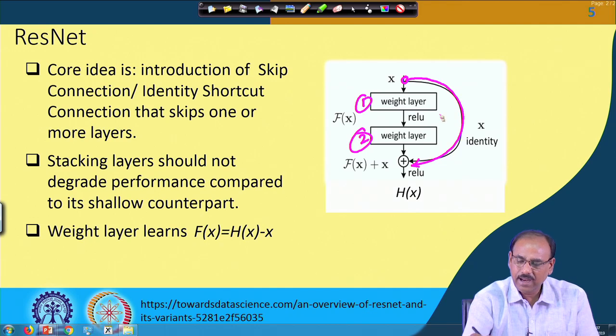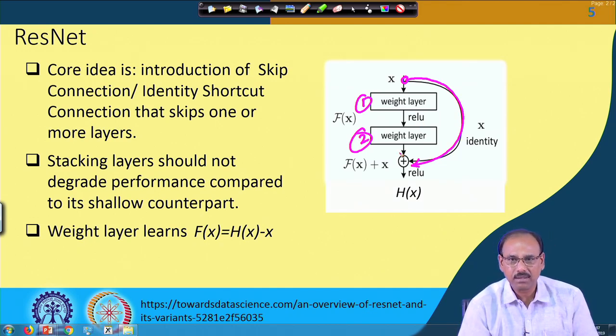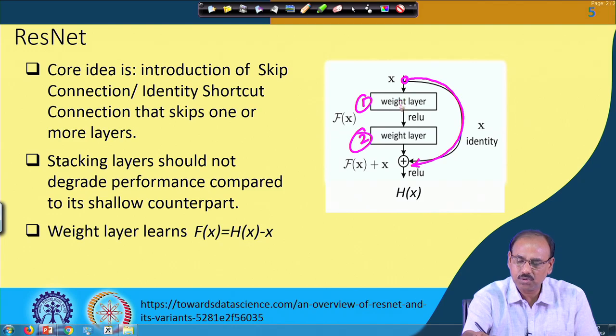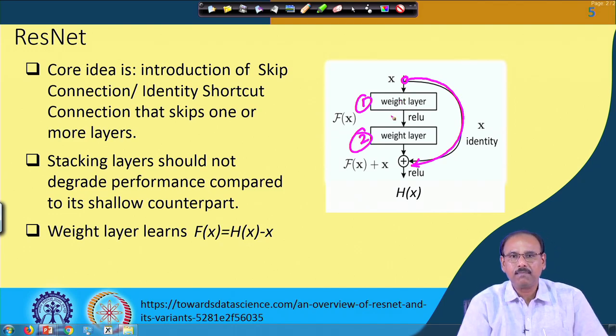This is done in addition to the regular path of information flow in the forward path, which flows through these two weight layers as well. This skip connection is the core idea in the ResNet network.